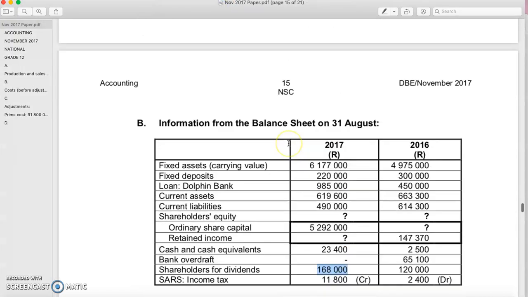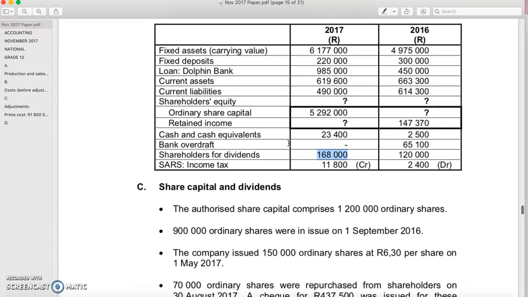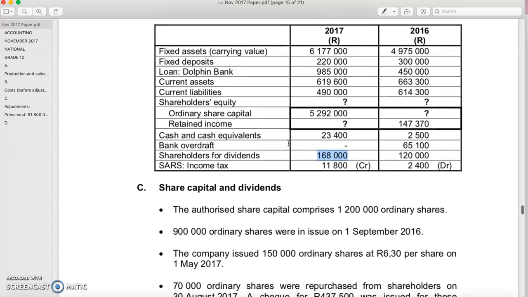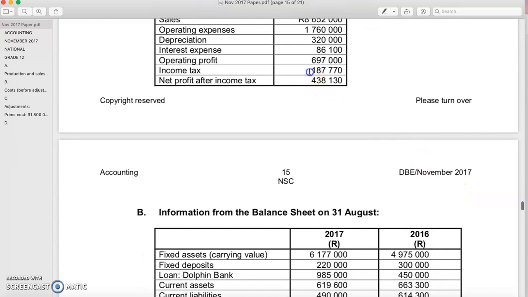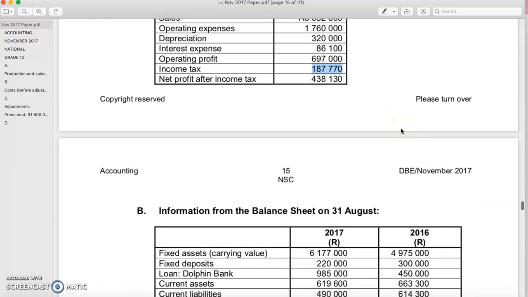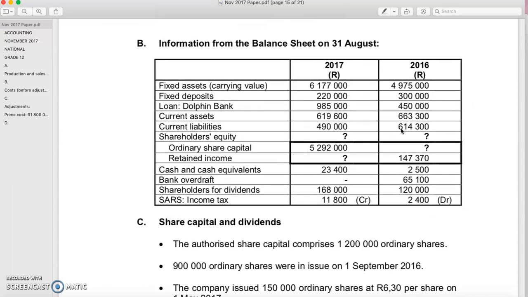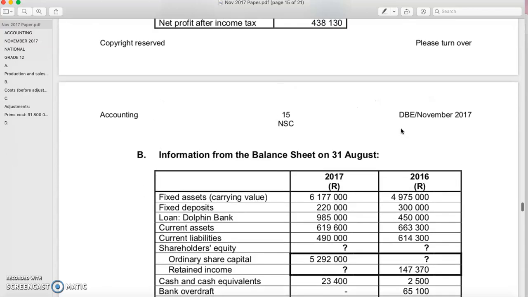Let's see. So whenever we look at income tax paid, we're going to look at these amounts, so SARS income tax, and we're also going to look at actual income tax, which is here. Okay, so I hope you understand this by now, but if not, that's okay.